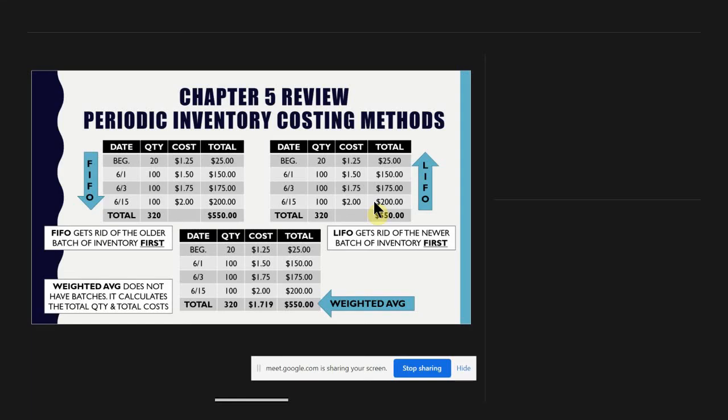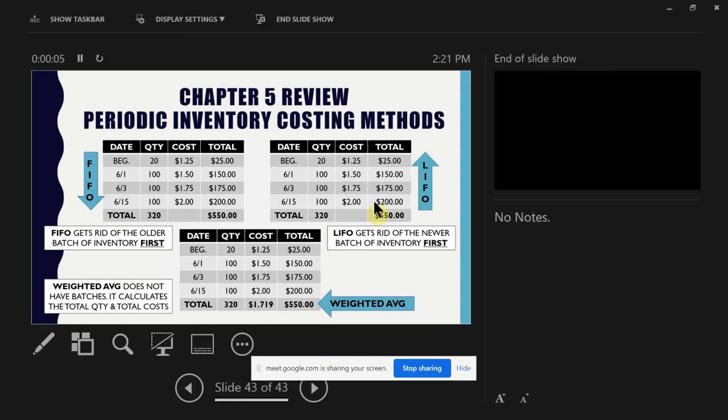This review right here pretty much just gives you a summary of what we have learned. So again, when we think about FIFO, FIFO means first in, first out. So anything that we purchase, we're going to start from the top and make our way down to the bottom.